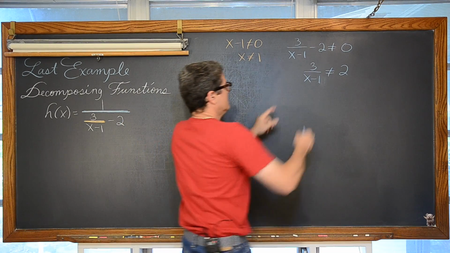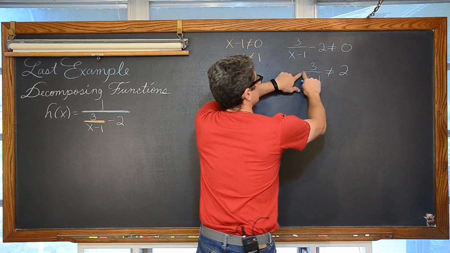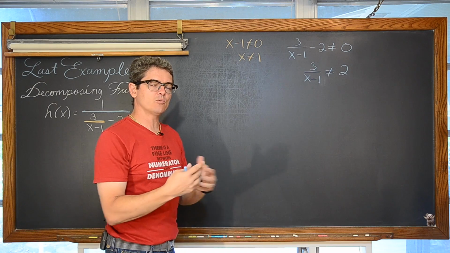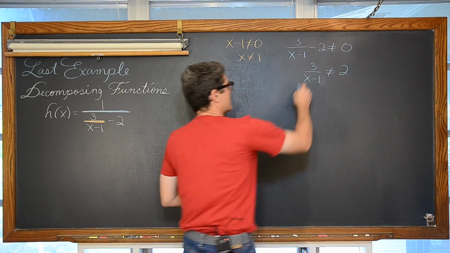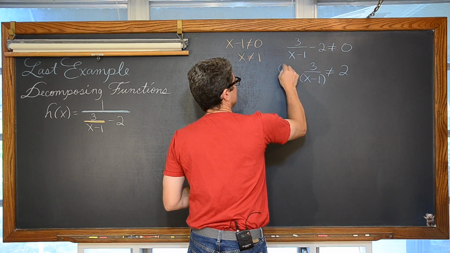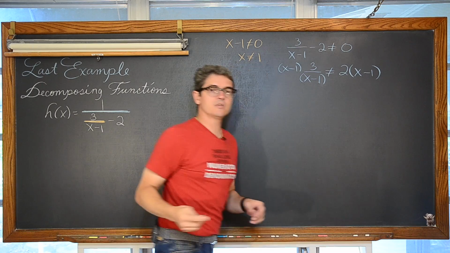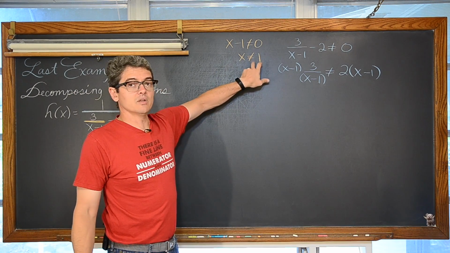Let's just say this variable of x is inside the math operation of division. So if I want to get it out of that math operation, I need to apply the inverse math operation, which of course is multiplication. So we're going to identify this entire denominator and multiply it to both sides of the inequality. I might have been saying equation earlier, but this is an inequality.